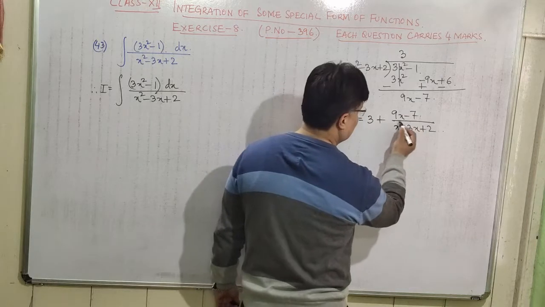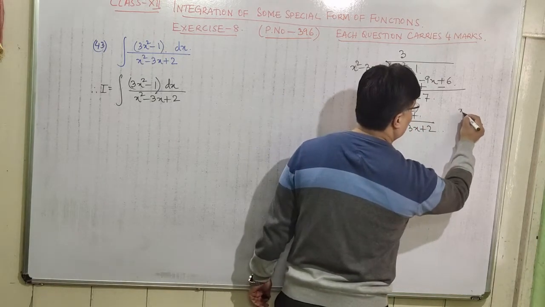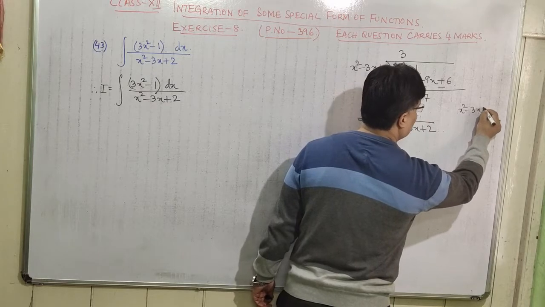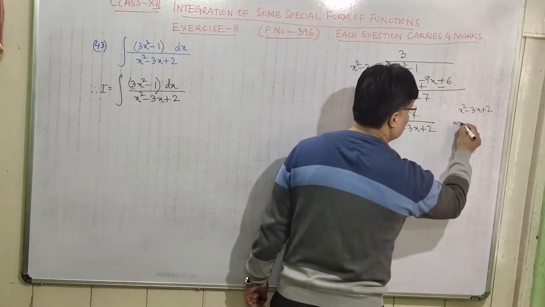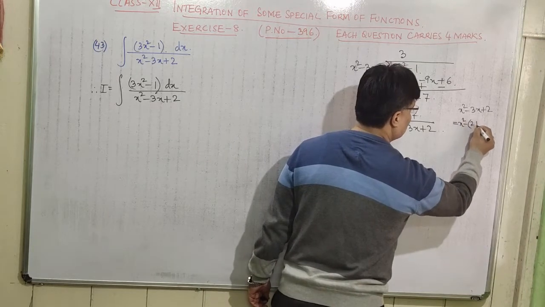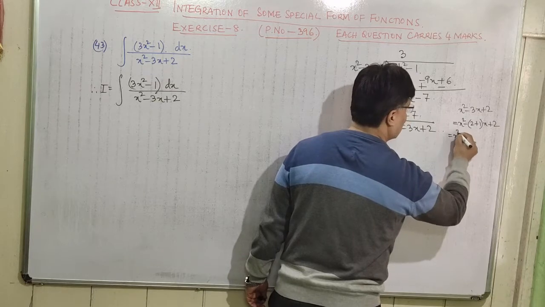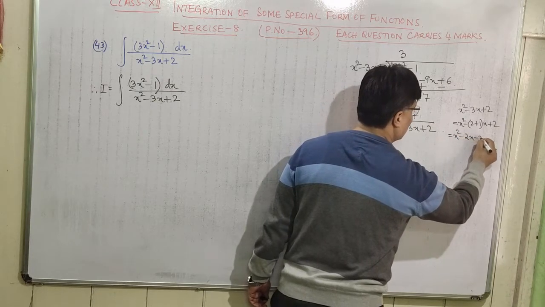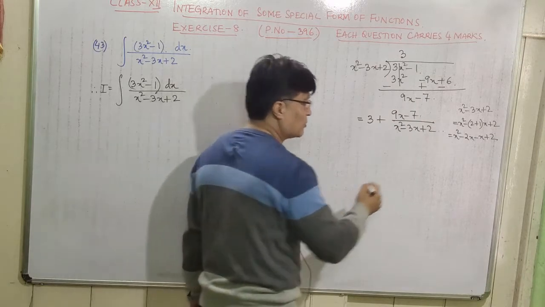So in this case you can factorize x square minus 3x plus 2. You know how to factorize it, isn't it? This is x square minus 2x minus x plus 2, right? We are factorizing this expression.